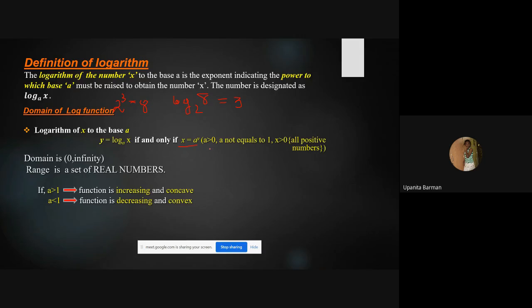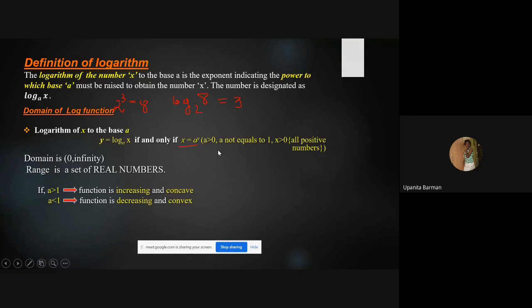I would like to demonstrate it with the help of an example. If a is equal to minus 2, then x is minus 2 to the power y. If y assumes a value like half, then minus 2 to the power half will not be a positive number.